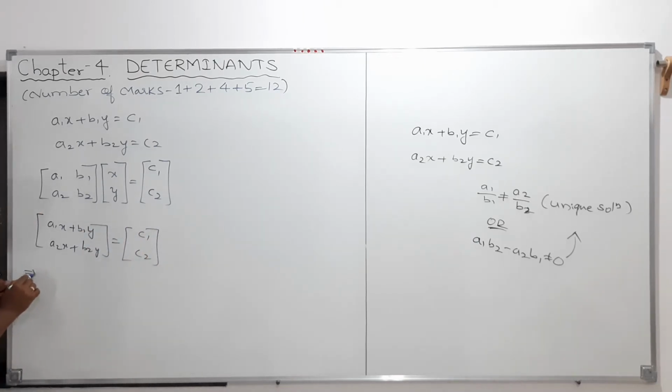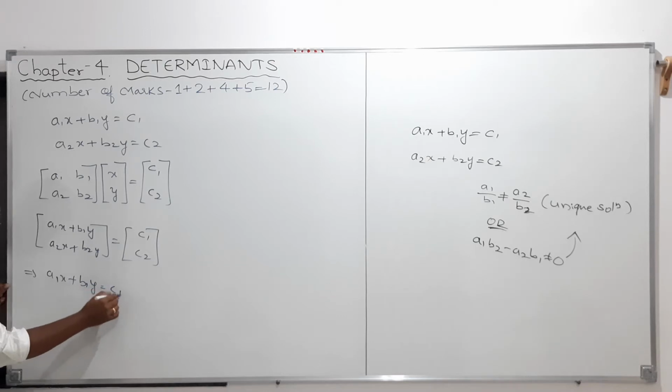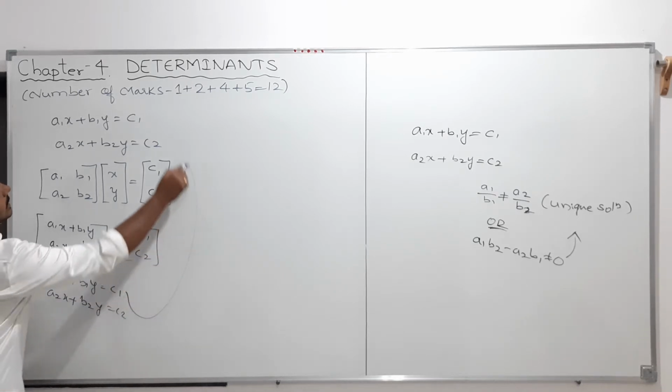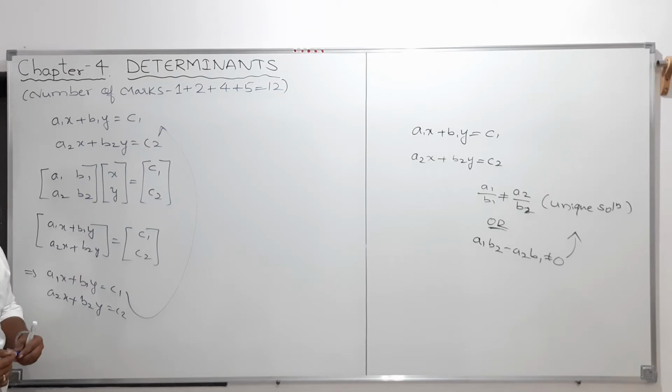Again, my dear students, if you simplify, this can be written as a1x plus b1y is equals to c1 and a2x plus b2y is equals to c2. Again you are getting the same simultaneous equations itself. Clear?